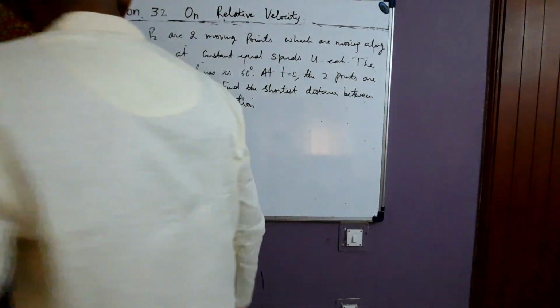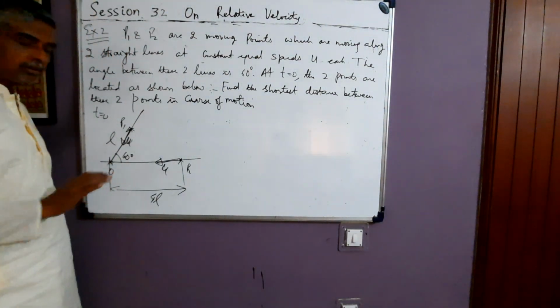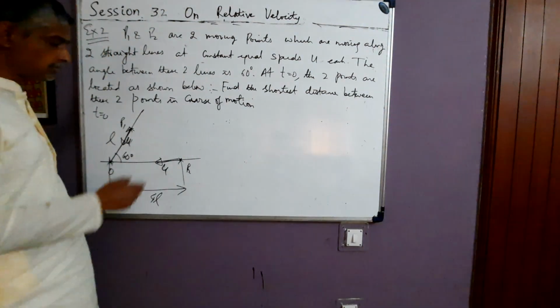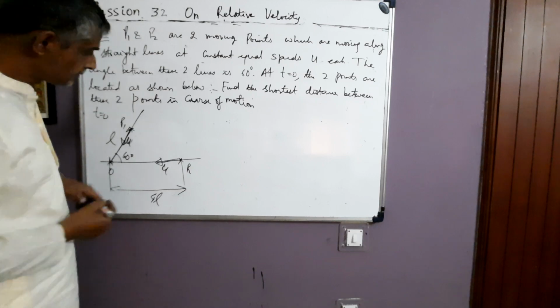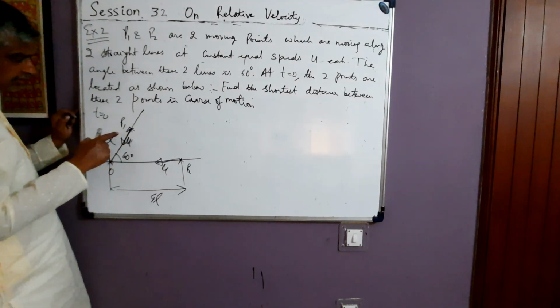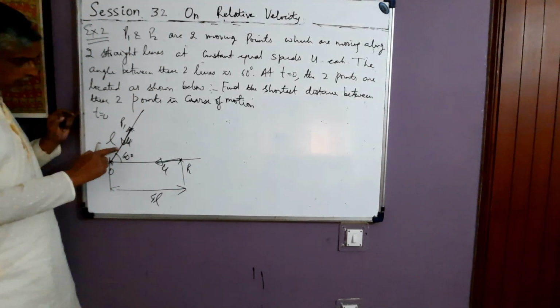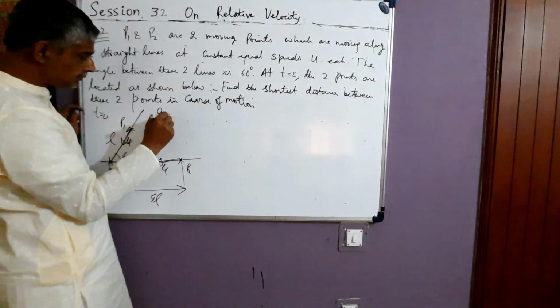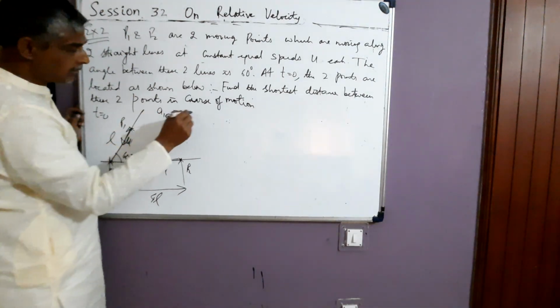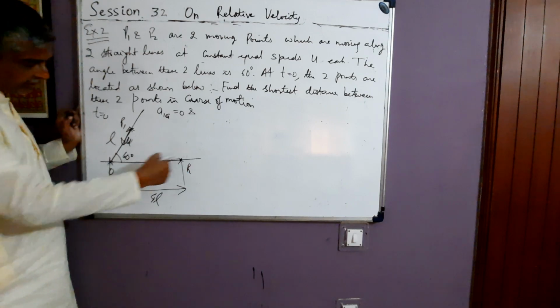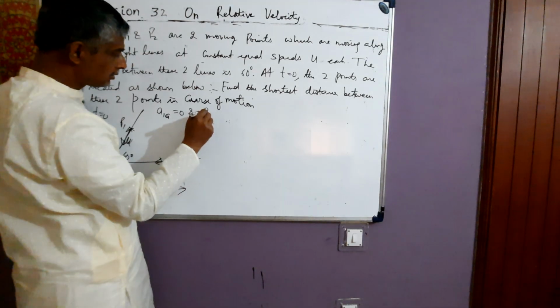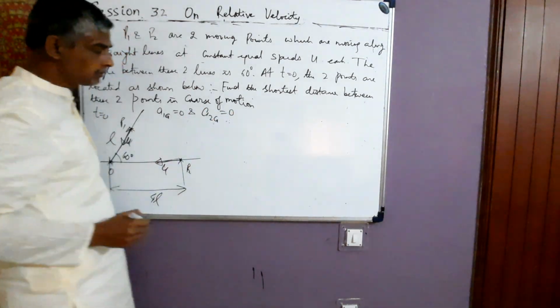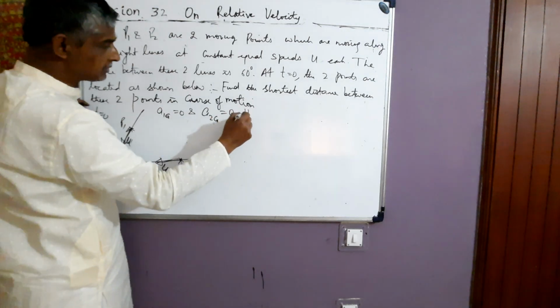Now again, we first check whether a relative is 0 or not, as we did in the previous question of this video. Velocity of P1 is along a straight line at a constant speed u, so acceleration of P1 with respect to ground is 0. And P2 is also moving along a straight line at the same constant speed u, so a2g is also 0 for all times.